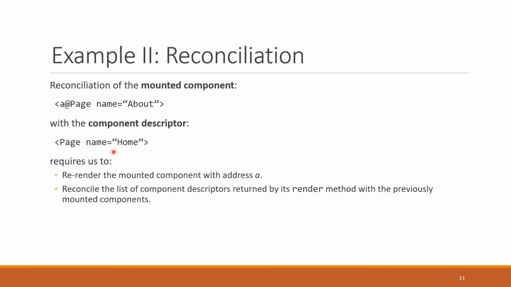Instead, what we're going to do is that we are going to re-render this component, now passing in the new properties. And of course, re-rendering it will return a list of component descriptors, which we then have to reconcile with its current children. So this is sort of a recursive process where we're re-rendering and then reconciling and then re-rendering and so on.